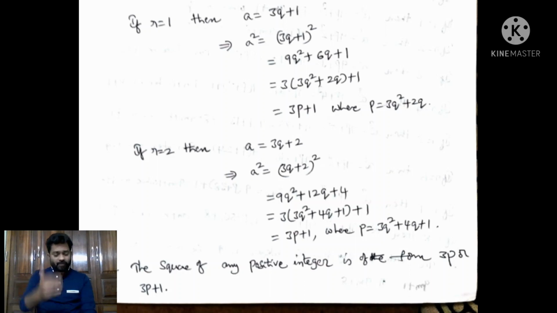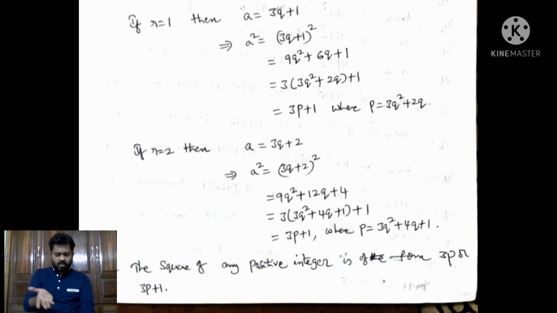Then after, if r equal to 2, then a is equal to 3q plus 2. Again squaring on both sides. A square equal to 3q plus 2 whole square. This is also in the form of a plus b whole square: a square plus 2ab plus b square. Written as 9q square plus 12q plus 4.